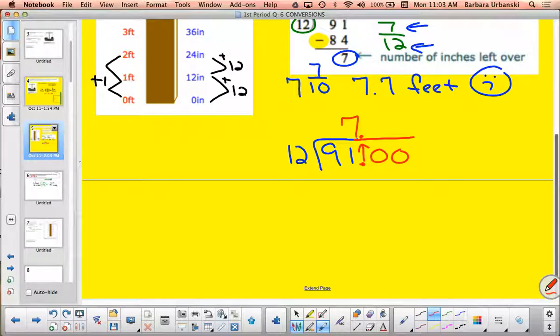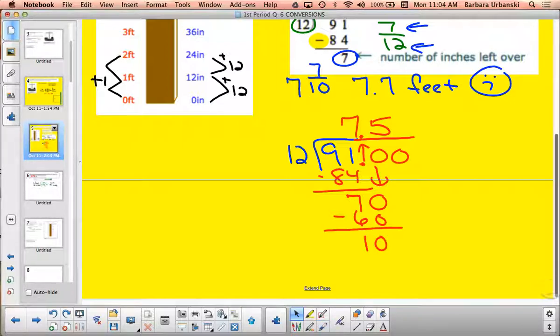So here, yes, we would still have our 7. 7 times 12 would give us our 84. We would perform our subtraction, end up with a 7, bring down the 0. We have 70, and then we would say, what can I multiply 12 by to get close to 70 without going over? That would be our 5, and 5 times 12 would give us 60.